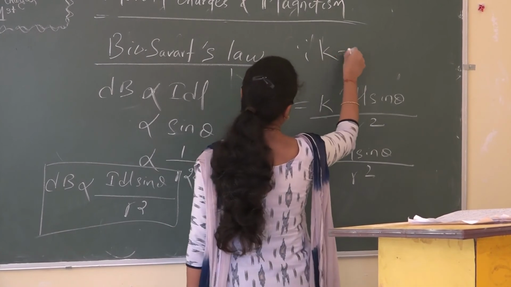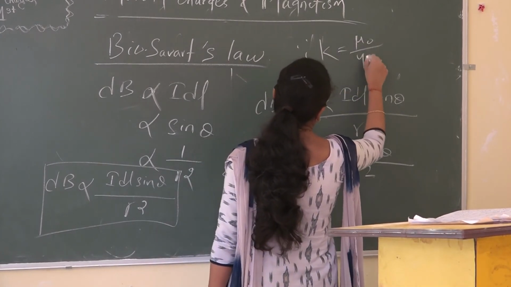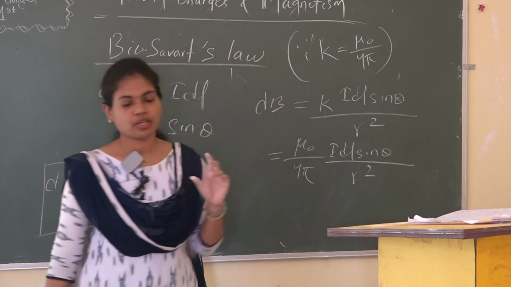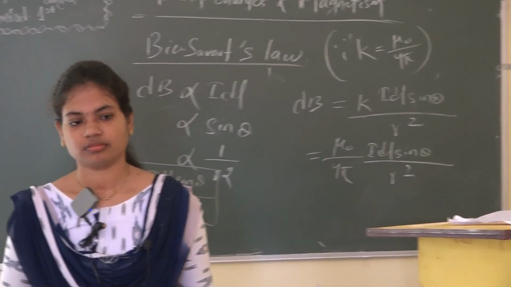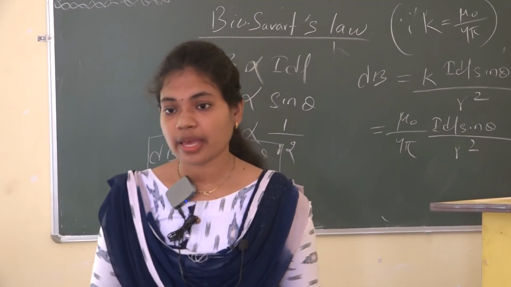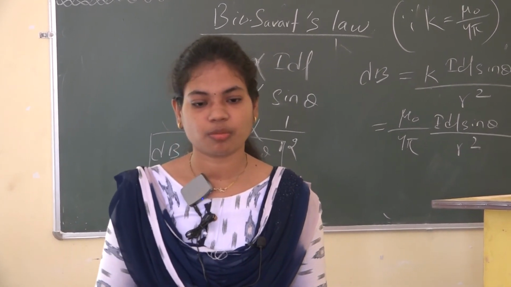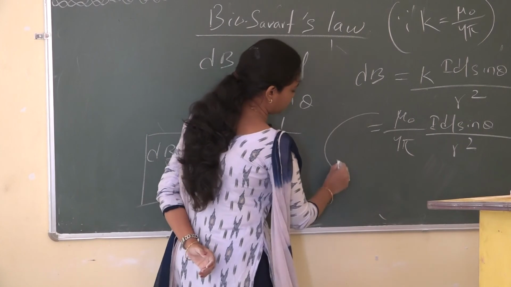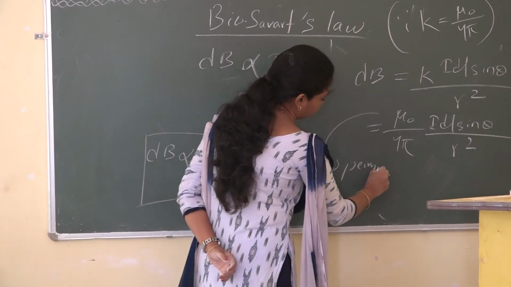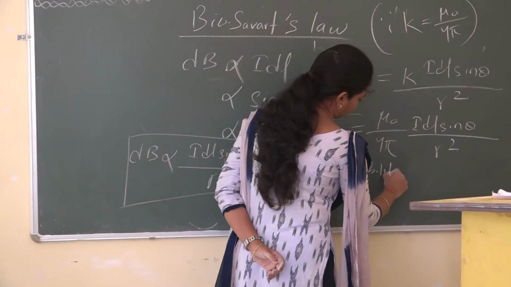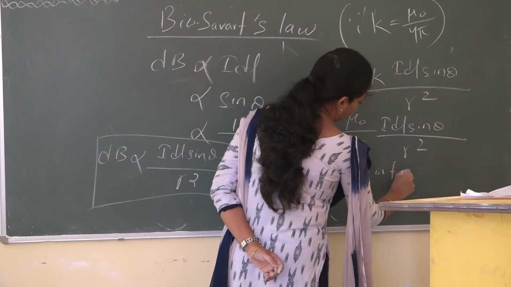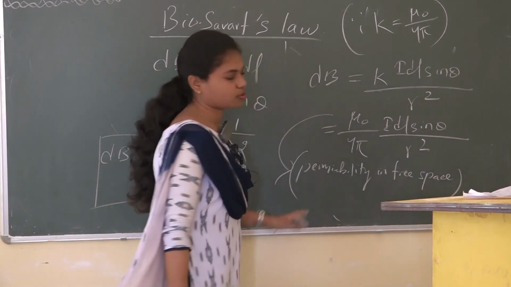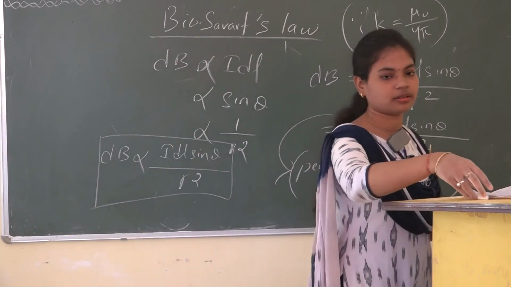What do you mean by mu 0? Mu 0 is the permeability of free space.